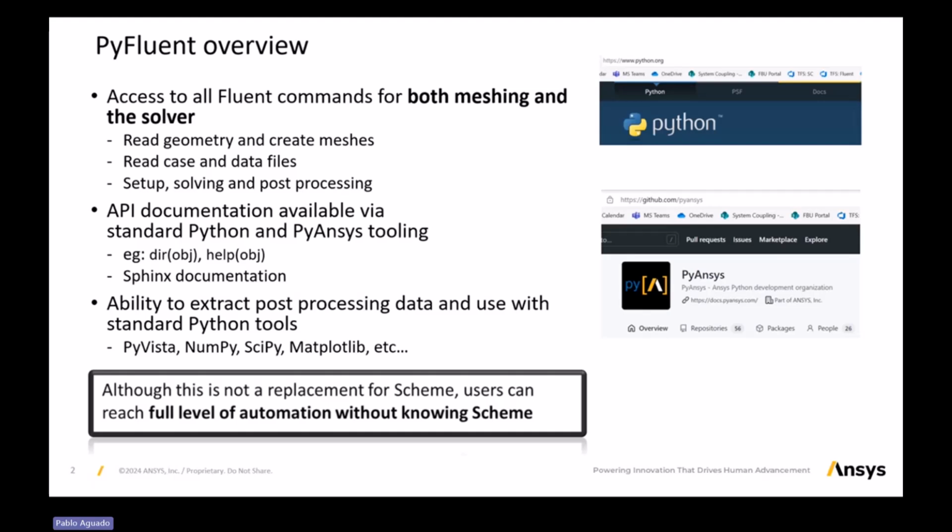And you can execute pretty much all the actions that you can do manually or by scripting with other languages like journaling or Scheme. So for instance, you can read geometries, create geometries, use the guided workflows, use the legacy commands, and in Solver, you can obviously set up the simulation, define the material, define the models, define the calculation, and then also do Fluent post-processing.